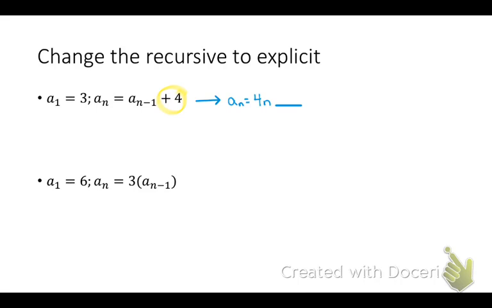So essentially I'm going to use the value that they give me, the first term. I'm going to take 3 equal to 4 times 1. What do I have to do to 4 to get 3? Minus 1. So then the minus 1 is going to go right there.